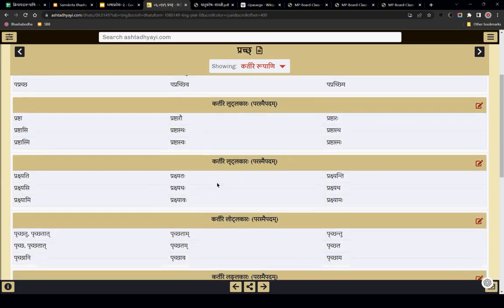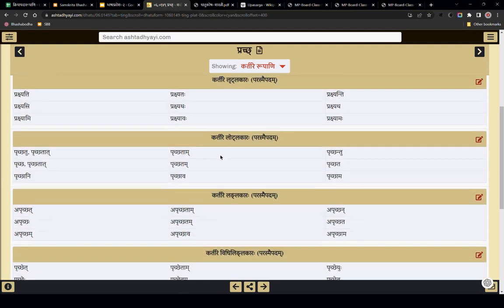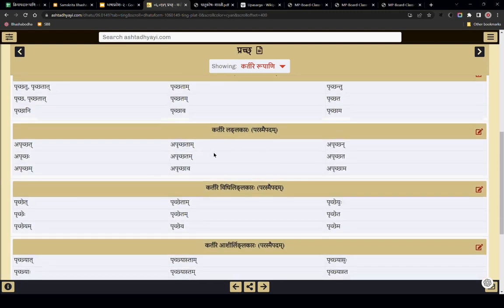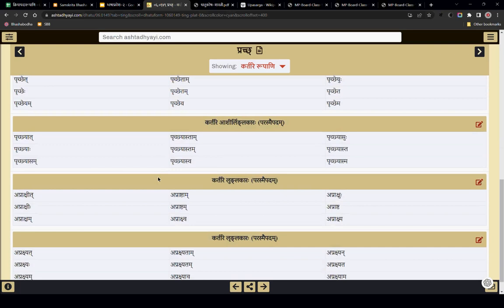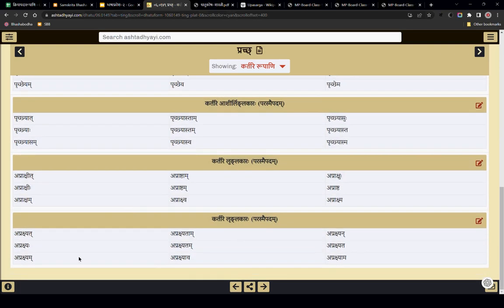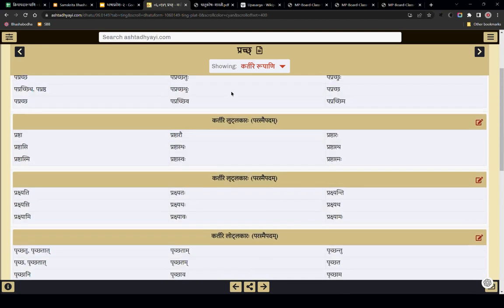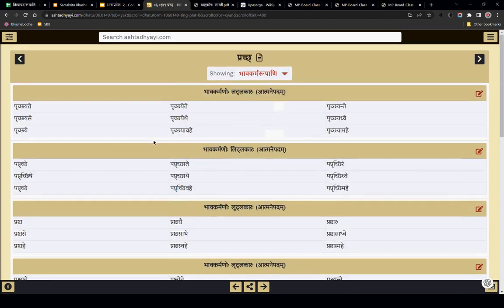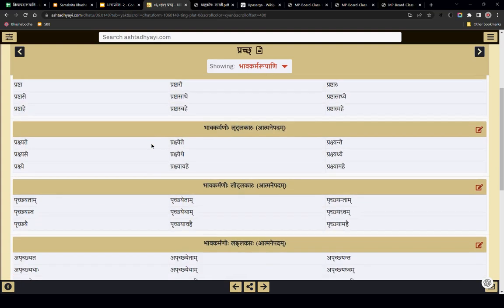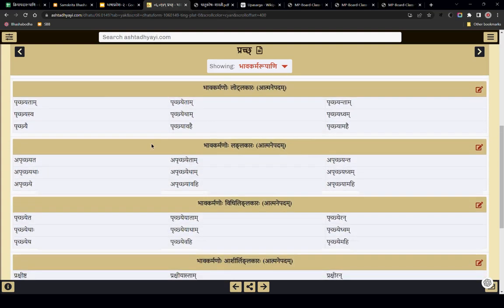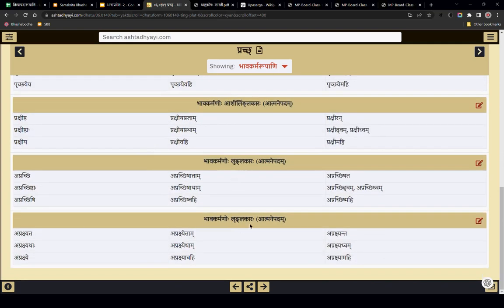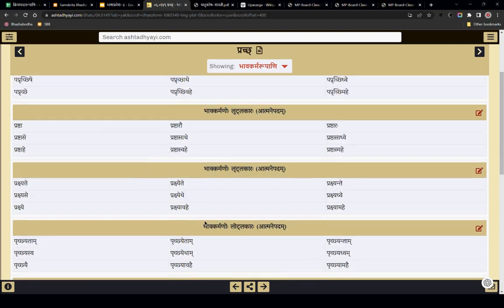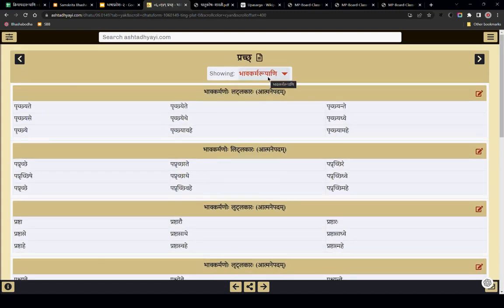Lut also there is no ri, but in lot it is ri, and in lang it is ri, and then vidhiling it is ri, ashirling it is also ling, it is ri, and then lung there is no ri. Even if you go to this karmani prayoga, same thing, ri in the lat, and then we have lot ri, lang ri, vidhiling ri, ashirling different, ashirling is the middle one, and in lung there is no ri. So those 4 lakaras, remember, it changes. The same rule applies to that, like drishya changing to pashya also.